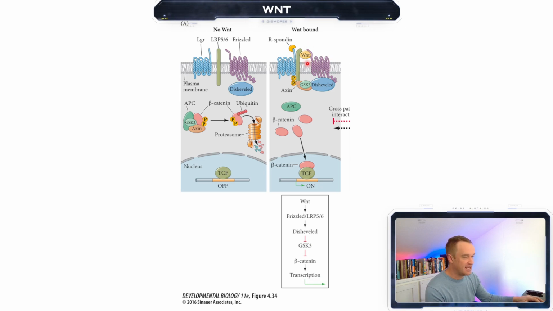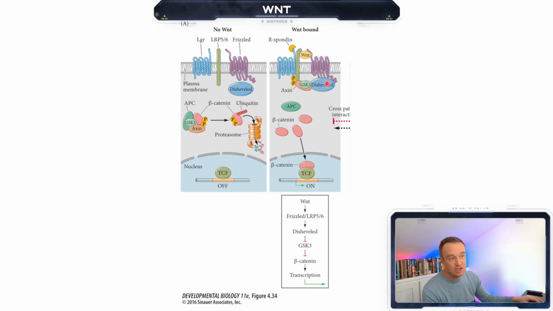So frizzled activates disheveled, which is a fantastic name for a gene, allowing disheveled to become an inhibitor of GSK3. GSK3, as you can see in the non-WNT version, is part of that complex that leads to the breakdown of beta-catenin.